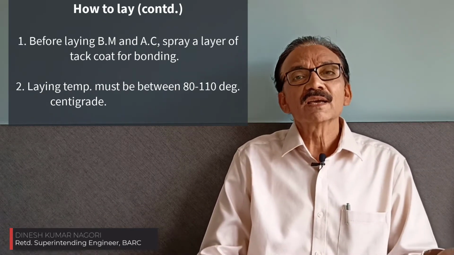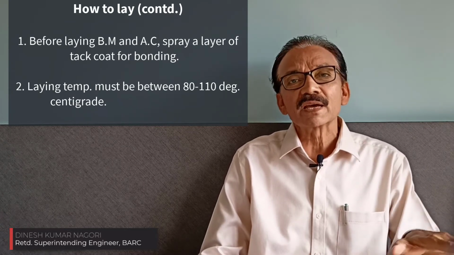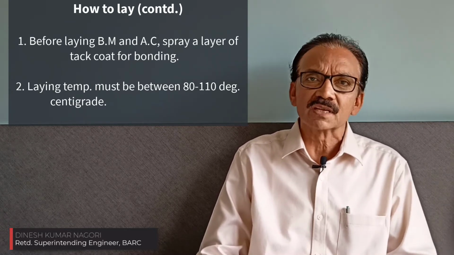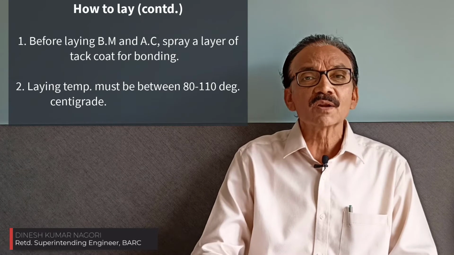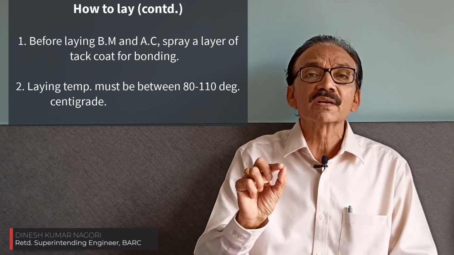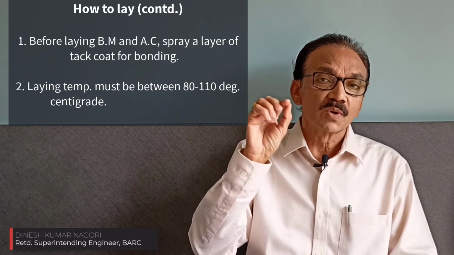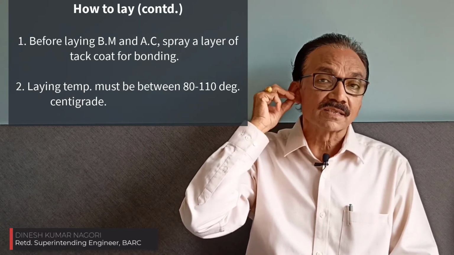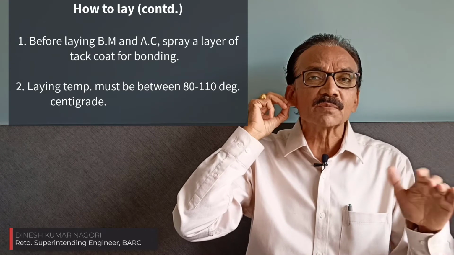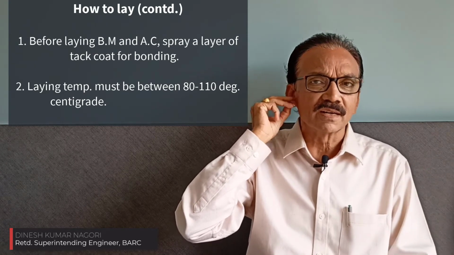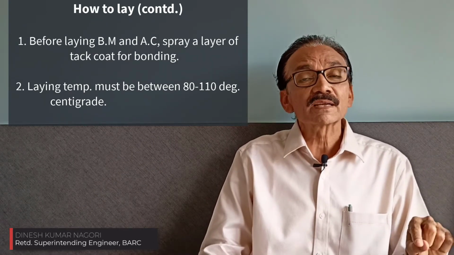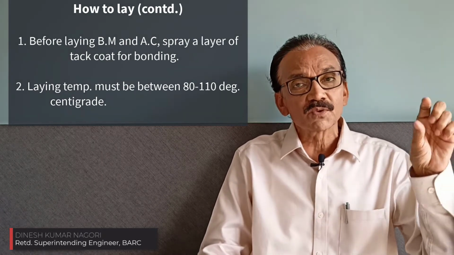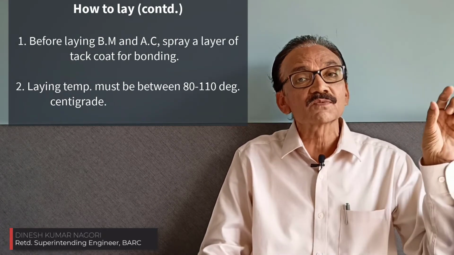Over this, the second layer, that is asphalt concrete, can come the next day or even the same day after 3-4 hours. The requirement of temperature is very, very important in asphalt concrete work. Your laying temperature must not be less than 80 degrees Celsius in any case, and the higher temperature may be around 107 to 110 degrees. So you should calculate the distance of your site from the asphalt mixing plant.